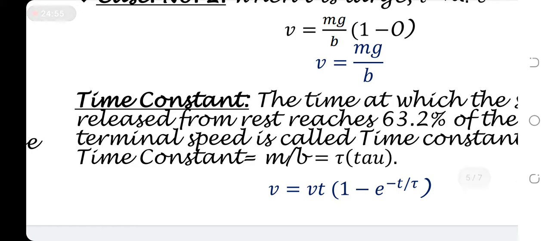Time constant. The time at which a body released from rest reaches 63.2% of the terminal velocity is called the time constant. Since it is a constant, m over b, it is represented by tau.